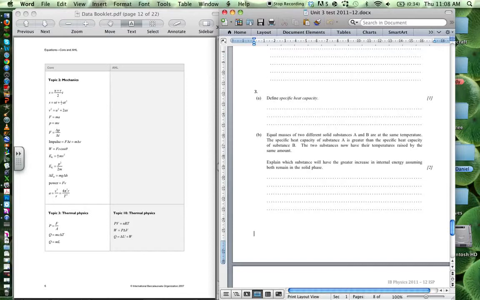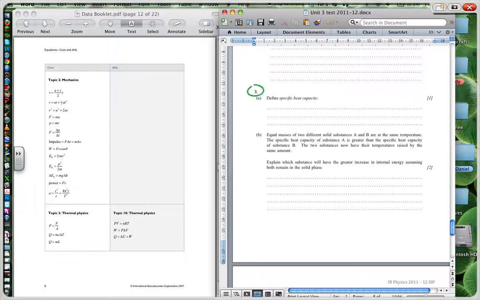Fine, so we have question 3. Define specific heat capacity. Well, specific heat capacity comes from this formula over here, Q = mcΔT. If we rearrange that, we have c = Q/(mΔT). So it's going to be a joule per kilogram per Kelvin.